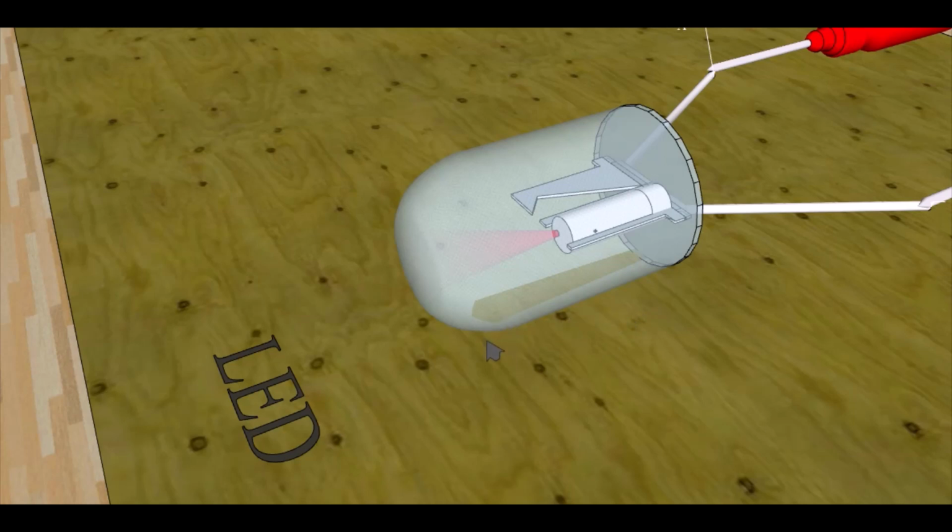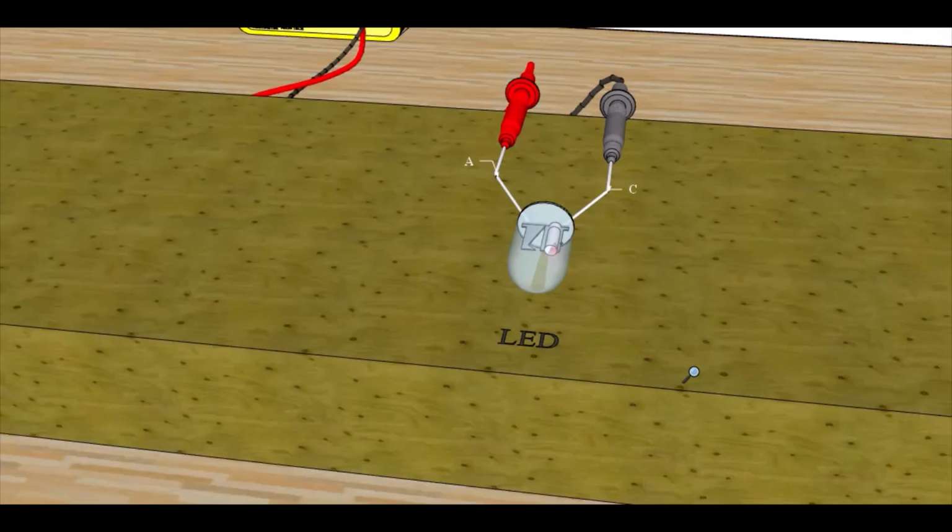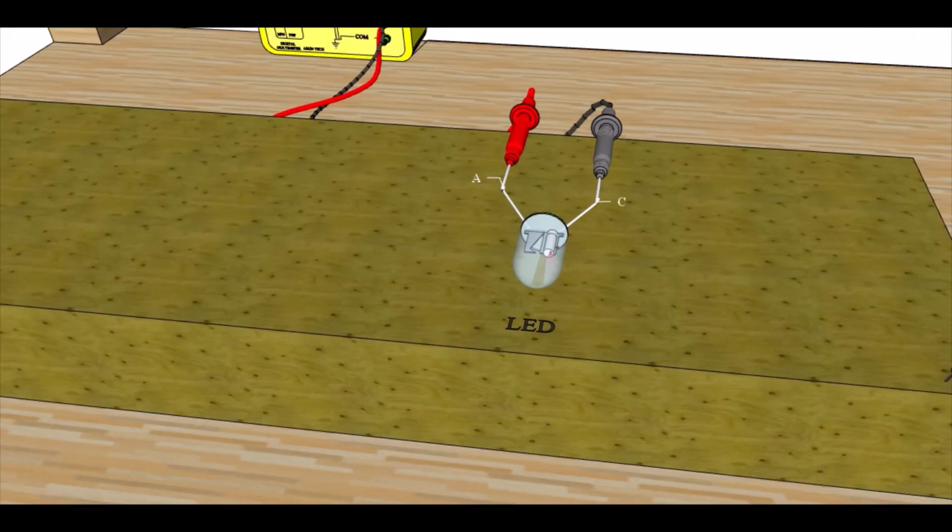Now we will make LED reverse bias by reversing the polarity of multimeter. Now we will connect the negative of multimeter to the anode and positive of multimeter to cathode.